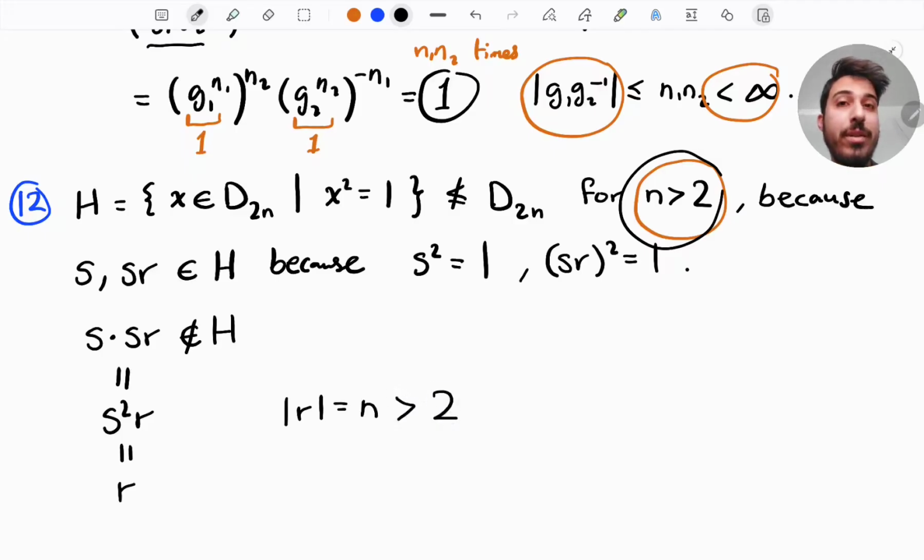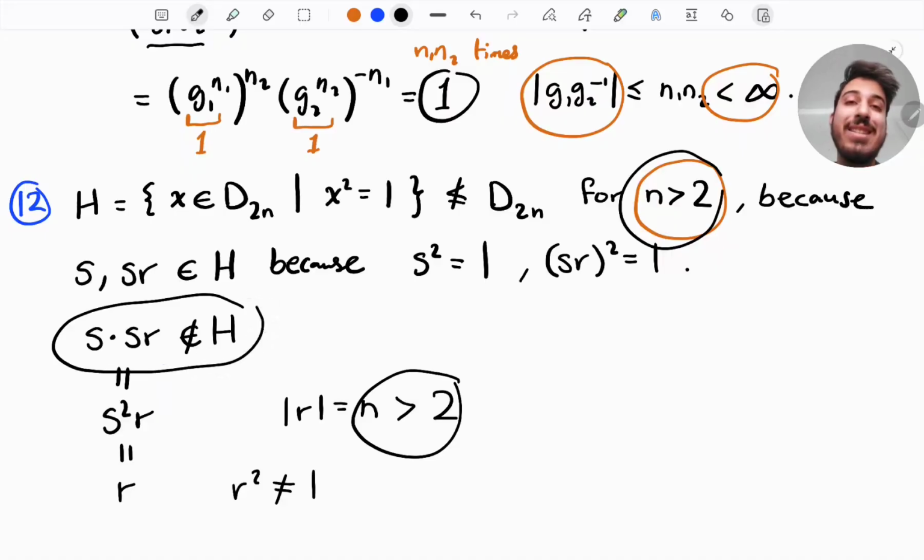And since the order is the smallest positive integer such that r to that integer gives the identity, and that integer is bigger than 2, then there is no way for r squared to be equal to the identity, since the order of r is bigger than 2. Therefore proving that S times SR is not an element in H, and therefore H is not a subgroup of G by, again, the proposition that we've seen earlier.